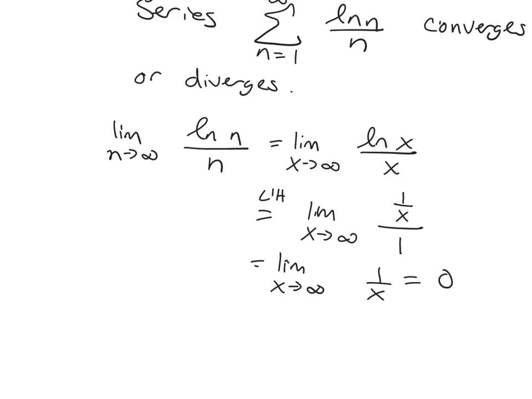It's inconclusive. If I get anything other than 0, I can say that the series diverges, but here I got 0. So anytime you get 0, the divergence test is inconclusive, which means we've got to try something else.